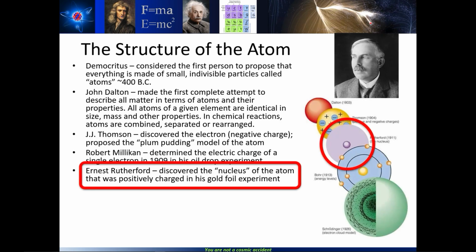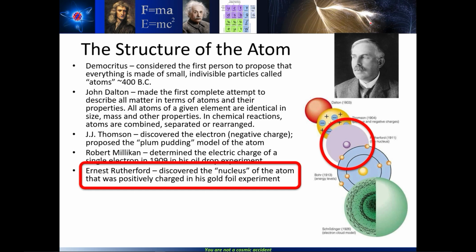Okay. Let me introduce you to Mr. Ernest Rutherford, kind of the next step on our journey here. He was doing some really neat experiments, and he was firing particles at atoms. His experiments involved using gold foil, so you might hear his name associated with gold foil experiments.